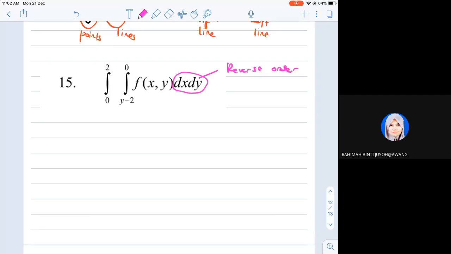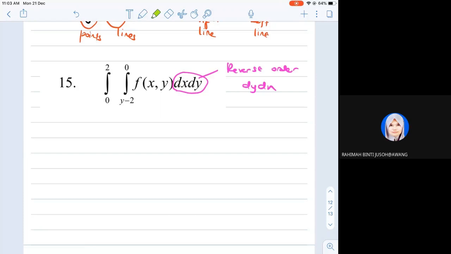So you have to find the integral in dy dx. Okay, but you cannot simply switch the limit. You cannot just switch the limit because this is for the case of non-rectangular region. Kalau subtopic 4.2, you boleh switch je sebab both of the limits are constants. But now dia melibatkan a function, so you have to sketch the region first.